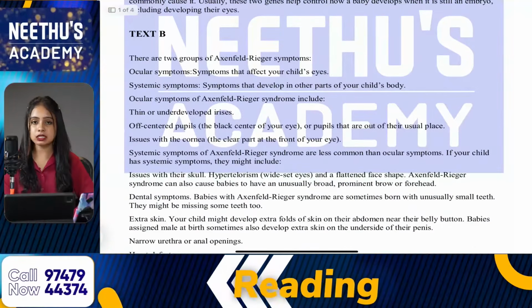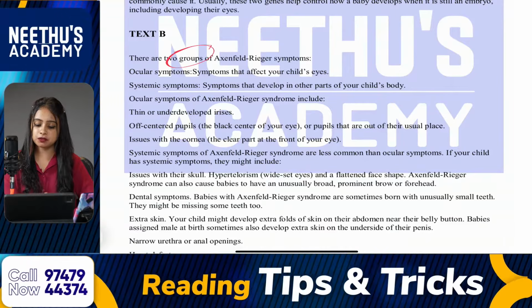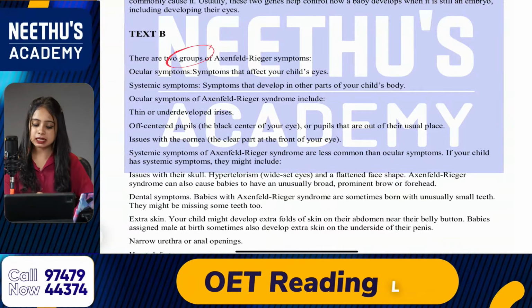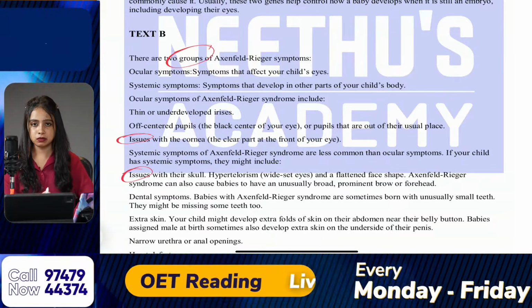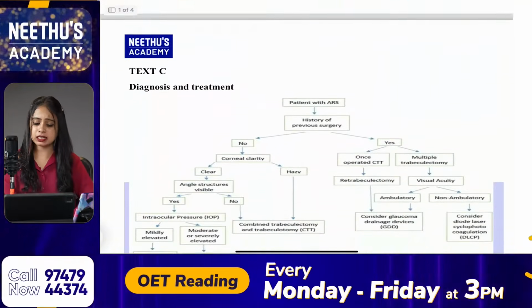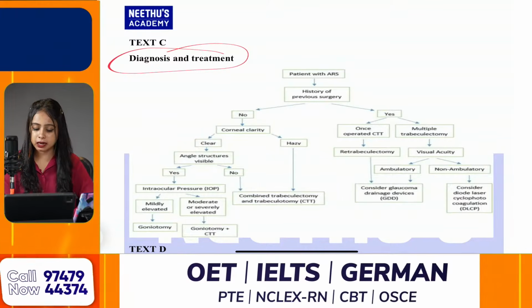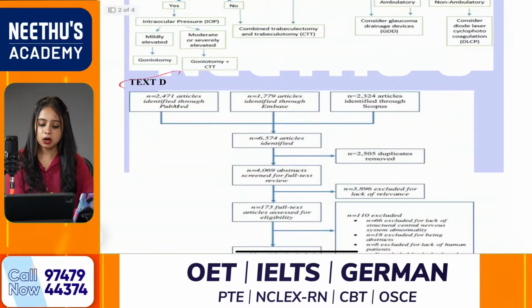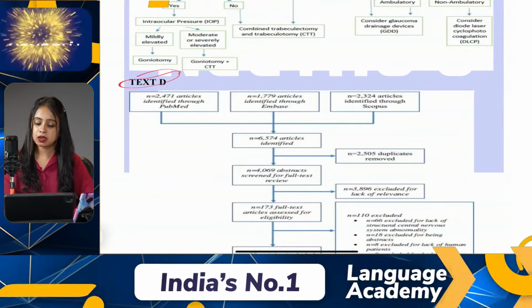Then text B is all about the different types, two groups of this syndrome, as well as a lot of problems mentioned here. In text C, it's all about the diagnosis and treatment, and there is a diagram, and in text D we have a particular diagram. So that's all about part A.